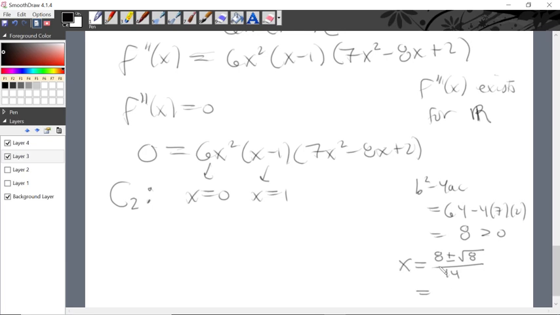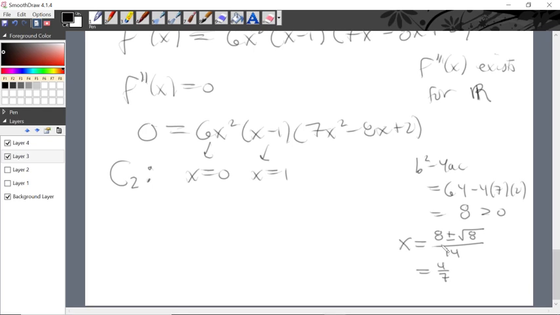So this is going to be 4/7. Convenient, right? Plus or minus 2 root 2 over 14, which is root 2 over 7. So we have x equal to 4 plus or minus root 2 over 7.